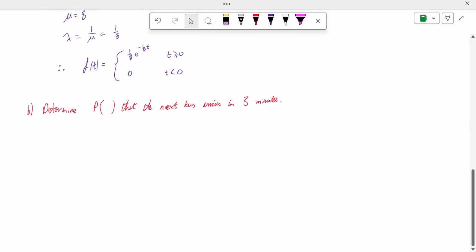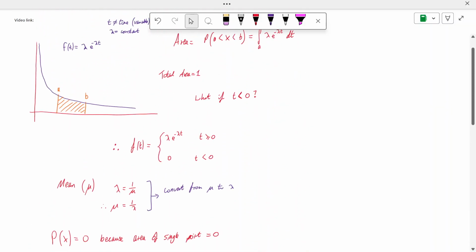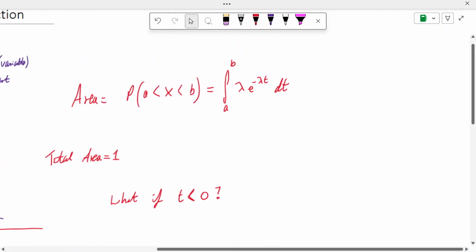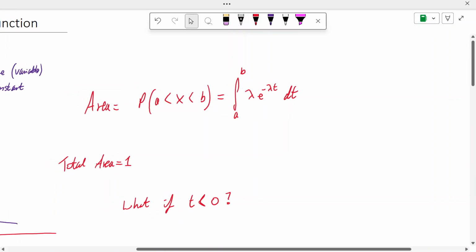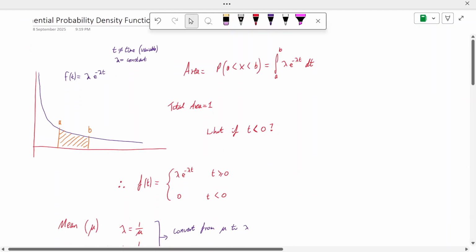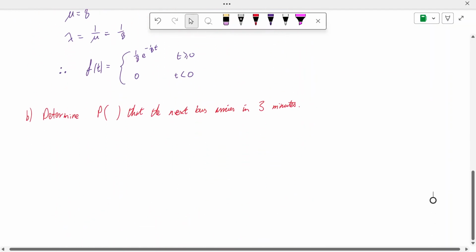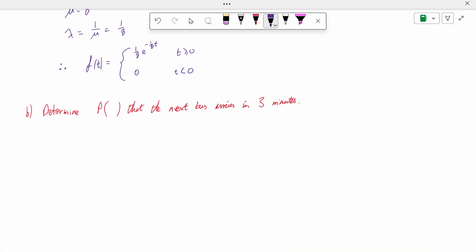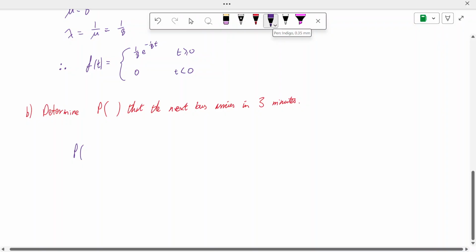When I think about this, I'm going to come back to our original sketch when we're looking at what the area looks like here. And we note that the area is equal to the probability between 2 points of this particular curve. So if I'm looking at the probability that the next bus arrives within the next 3 minutes, that would mean that my probability is looking at when the bus is arriving being between 0 and 3 minutes.